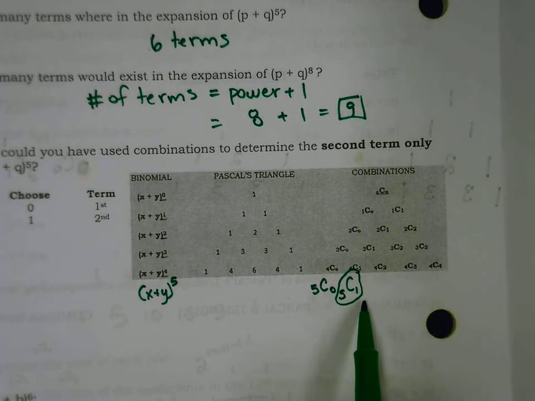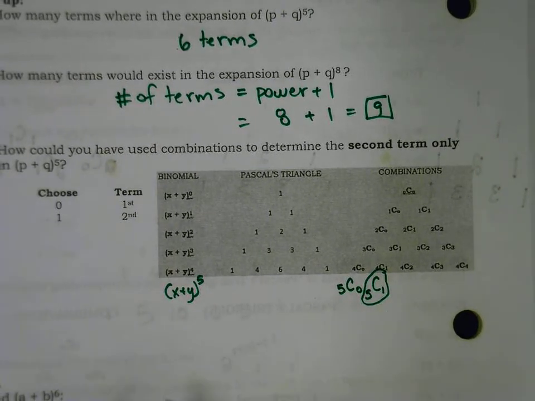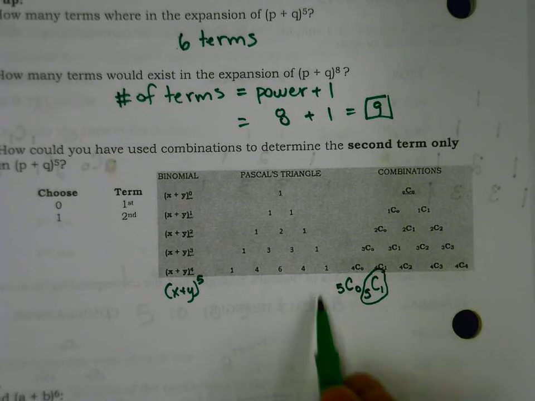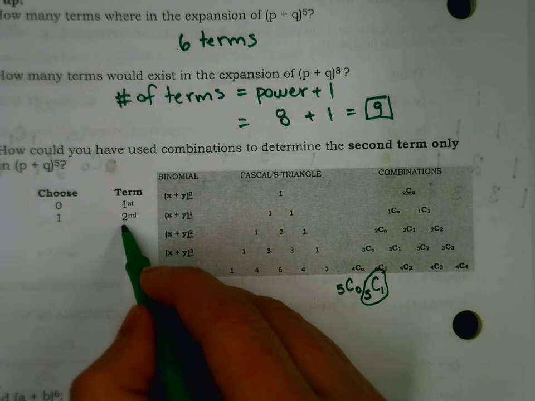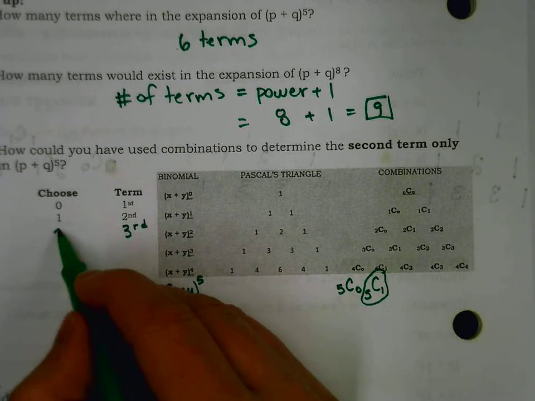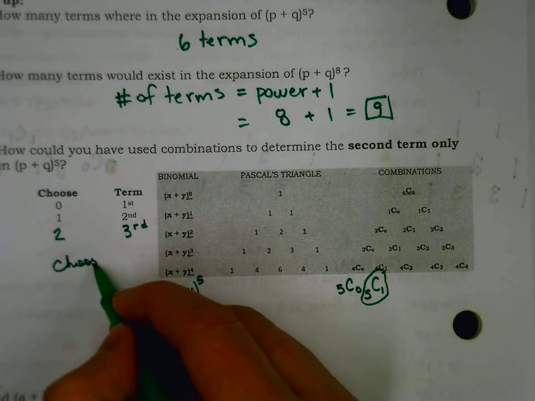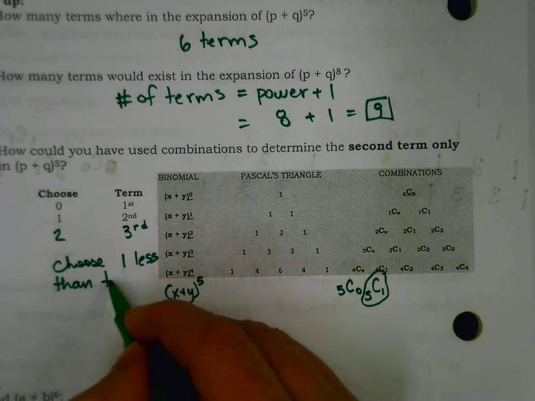So there's an easy little pattern we can try to push into our brain, but it might be a little bit challenging to remember. For the first term, we're choosing 0. For the second term, we're choosing 1. For the third term, we're choosing 2. So we're going to choose 1 less than the term number.